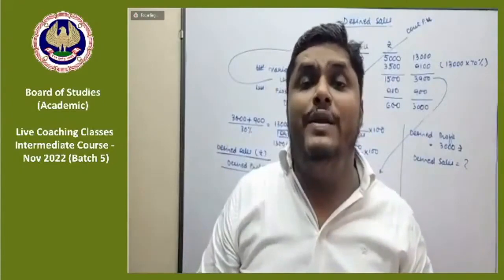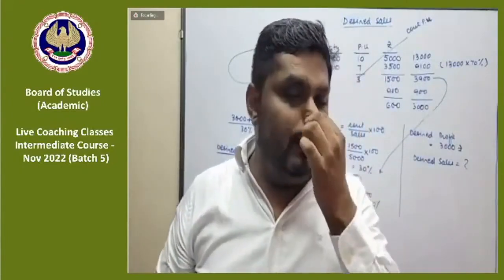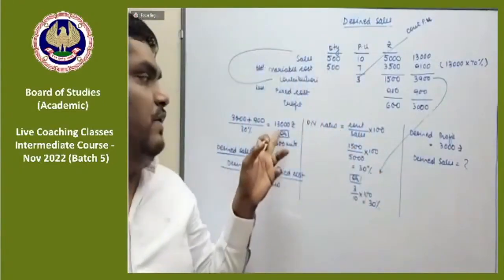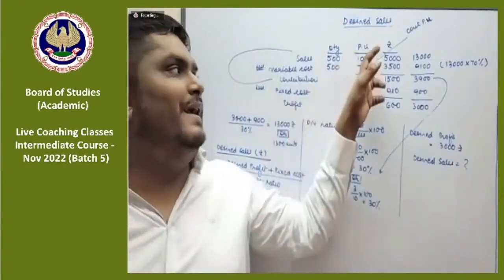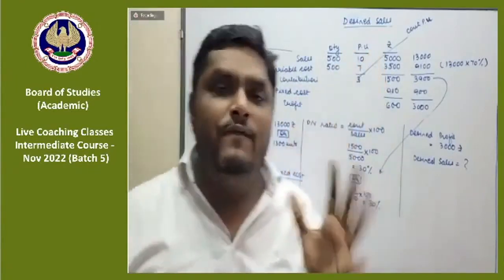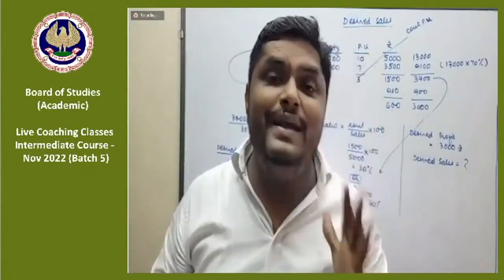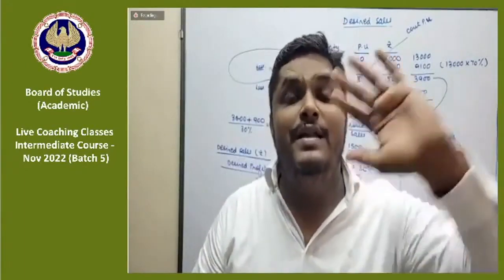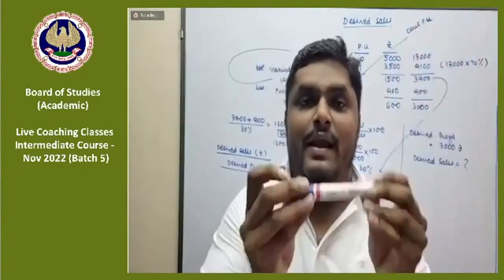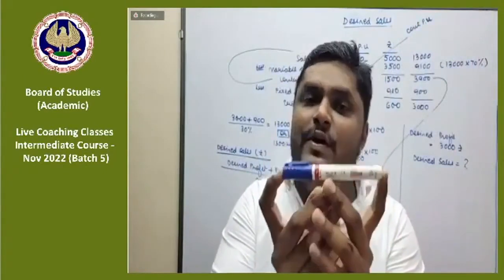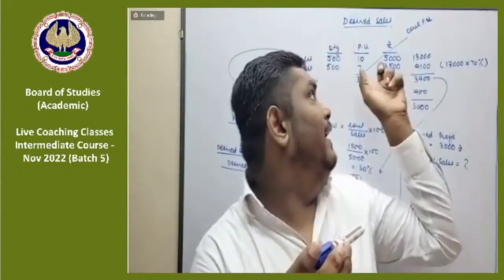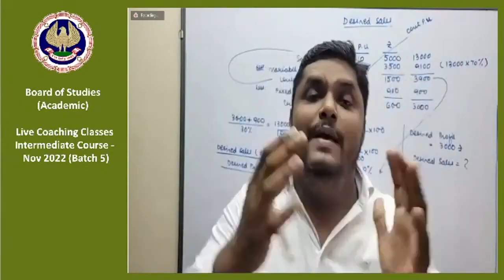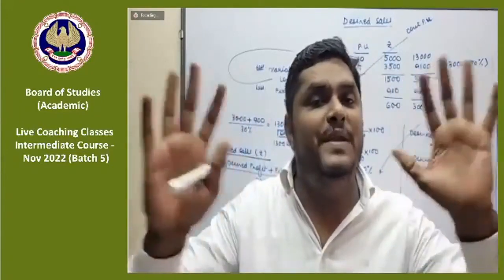Now, when talking about calculation of units, either we can simply calculate my desired sales in rupees divided by selling price per unit, we will get the units. Alternatively, the same concept. Let's say this pen is made up of 7 rupees, that is the variable cost. My selling price of this pen is rupees 10.